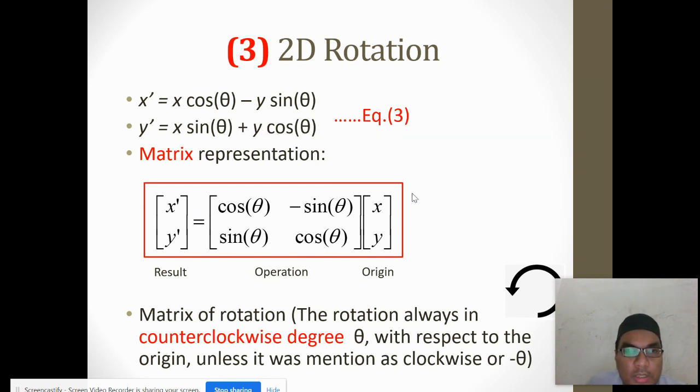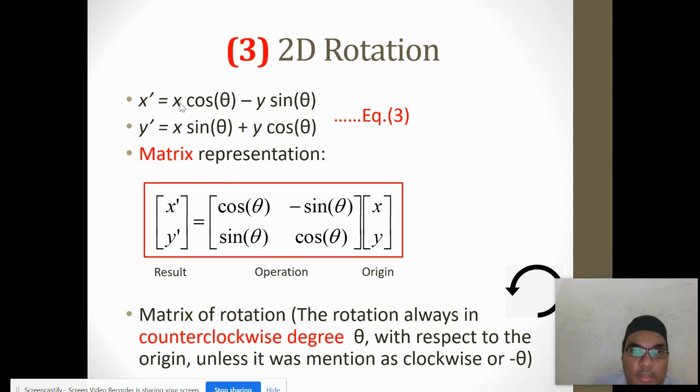In terms of matrix representation, you can see it like this: x multiplied by cos minus y multiplied by sin; for the y dash, x multiplied by sin plus y multiplied by cos. This is the same thing that you get in question 3.